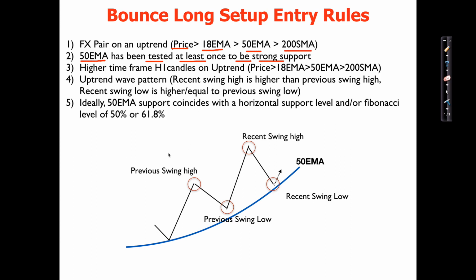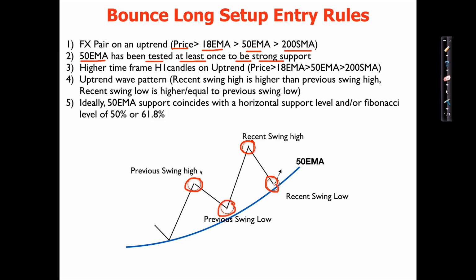We want to see that it's been tested very recently. For example, on this chart graphic, first of all, we must have the proper wave pattern, where we must see that this most recent swing high is higher than the previous swing high, and the most recent swing low where we're going to buy is higher than the previous swing low.